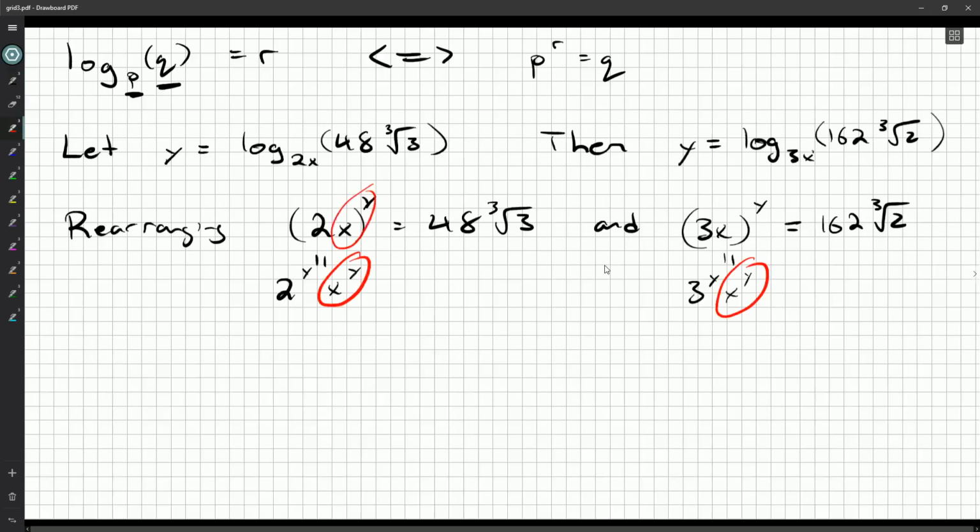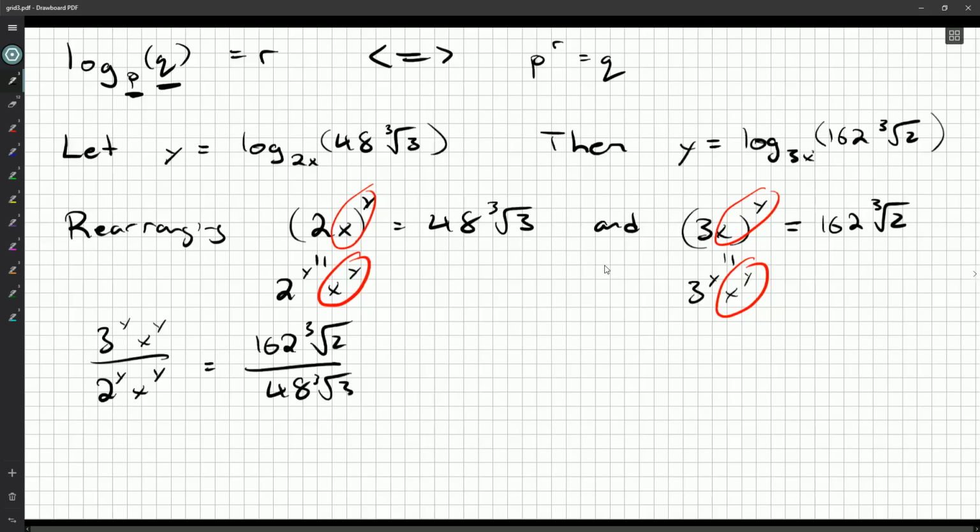So if we find a way to cancel out this x to the y by dividing, we could put the 3 on top. So 3 to the y, x to the y, over 2 to the y, x to the y, is going to be 162 cube root of 2 over 48 cube root of 3. But of course now these x to the y's cancel out, and I don't need to know what x is.